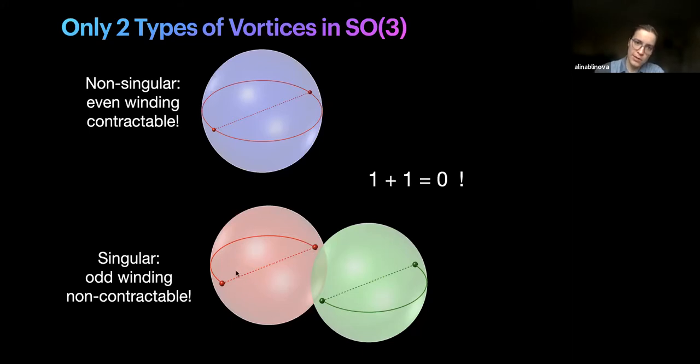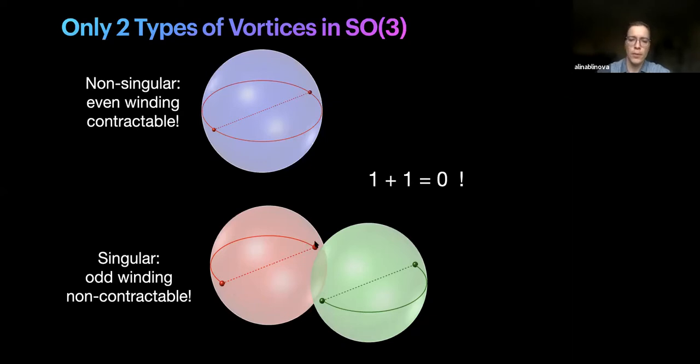And this is because in this representation on the sphere, antipodal points on the surface of the sphere are actually identical. They're identified. So this spherical representation is a little bit redundant, right?